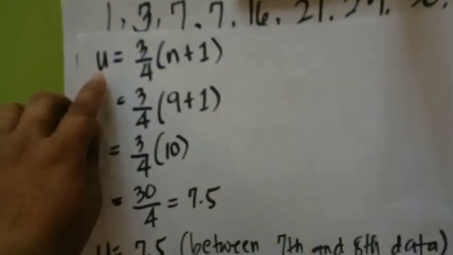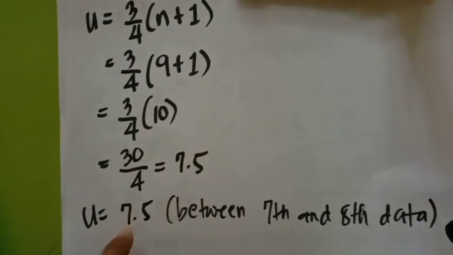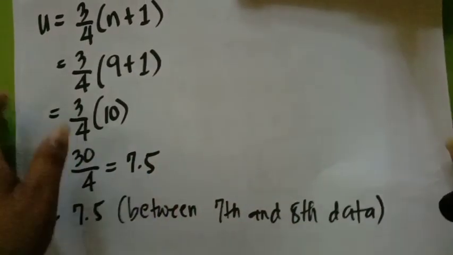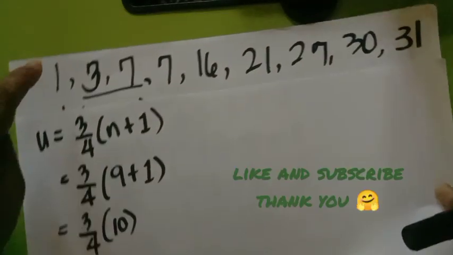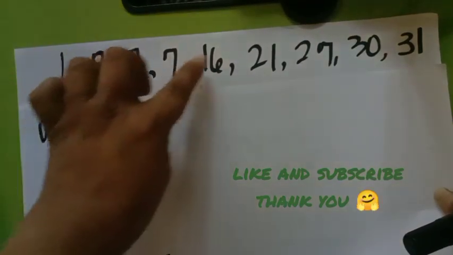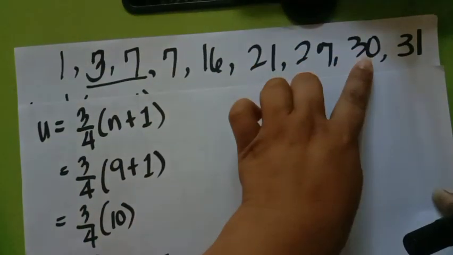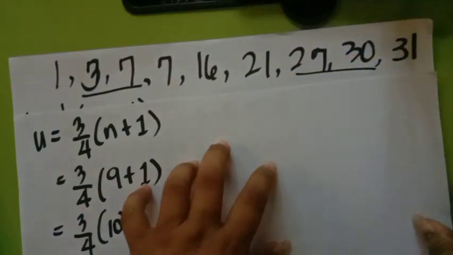For the upper quartile naman, sinolve natin yung U, ang nakuha natin is 7.5. And 7.5, that is between the 7th and 8th data. Ano yung 7th and 8th data? Okay, bilangin natin. 1, 2, 3, 4, 5, 6, 7, 8. So, 7th and 8th data is 27 and 30.